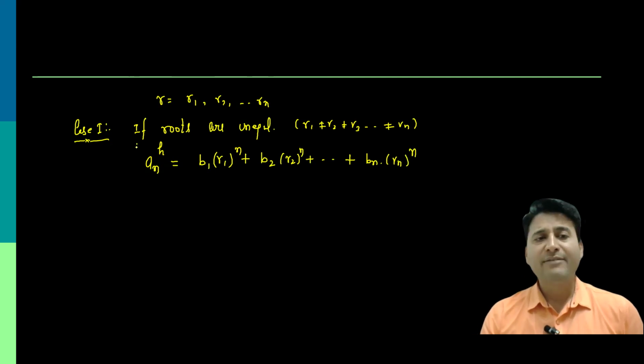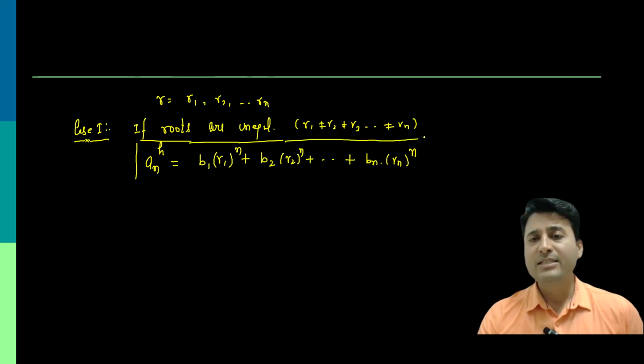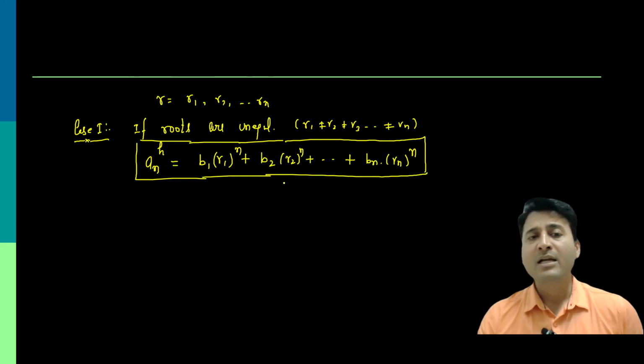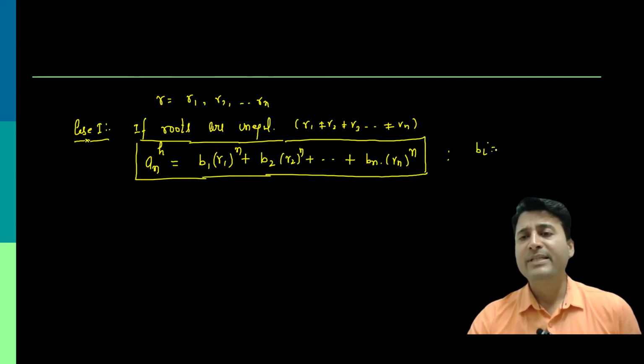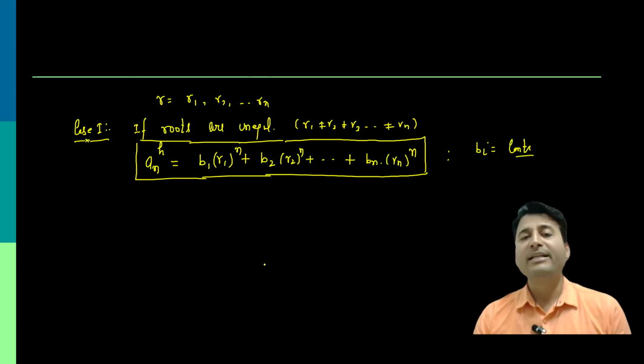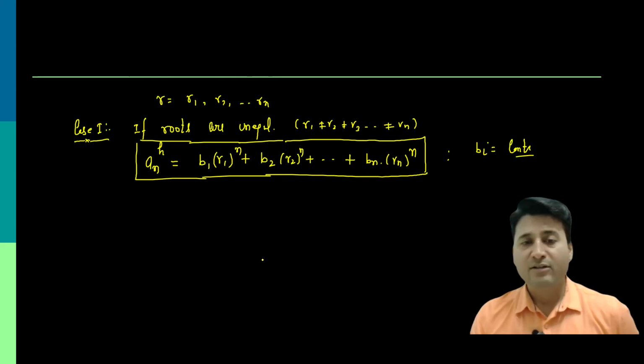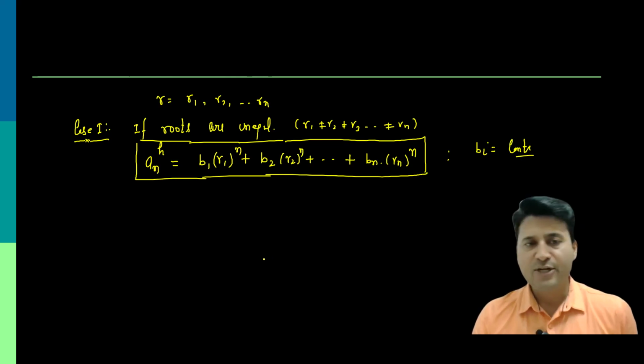If the equation is having n roots, then this is how the homogeneous solution of that recurrence relation will be written. What are these b's? These bi's are constants, same as c1 e to the power ax plus c2 e to the power bx plus c3 and so on, relating to the differential equation.